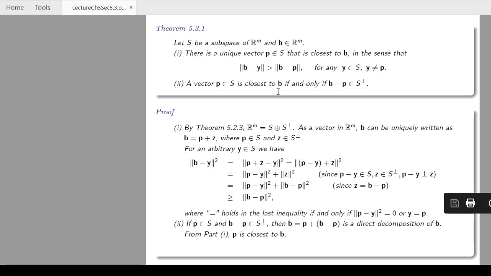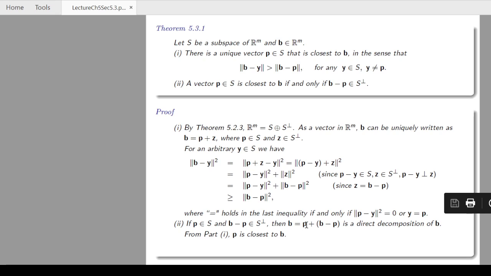Now let's consider the second part of the theorem. If P belongs to S and B minus P belongs to the orthogonal complement of S, then we can write B as the summation of P plus B minus P. You can simply say P and negative P cancel, so the right side equals the left side.